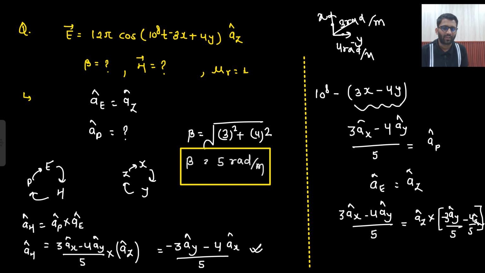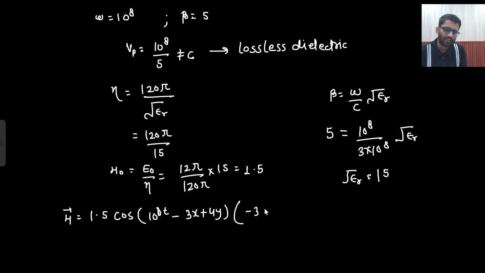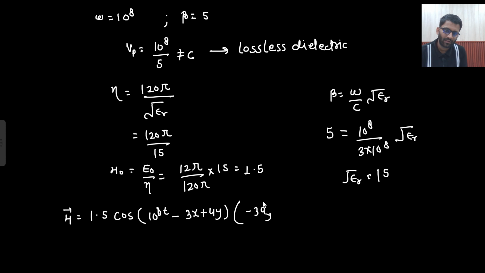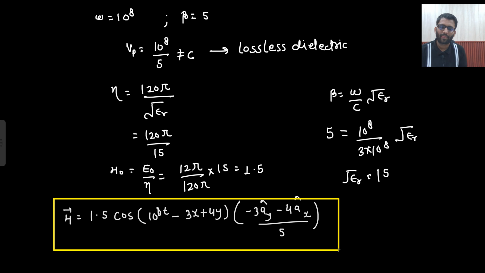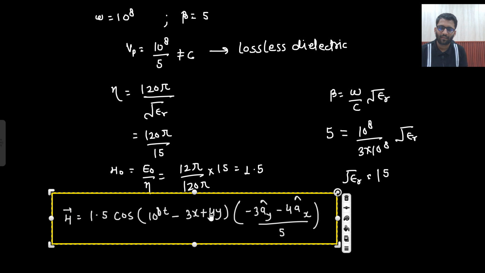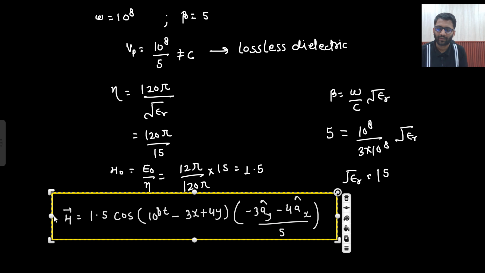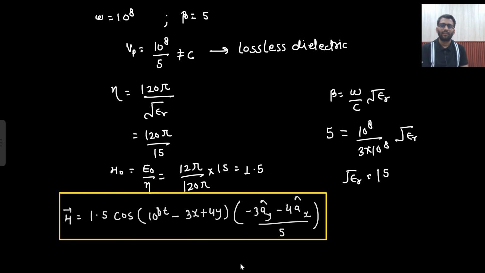This is the direction of your magnetic field: minus 3 ay cap minus 4 ax cap divided by 5. This is your magnetic field H. Is that clear to you?